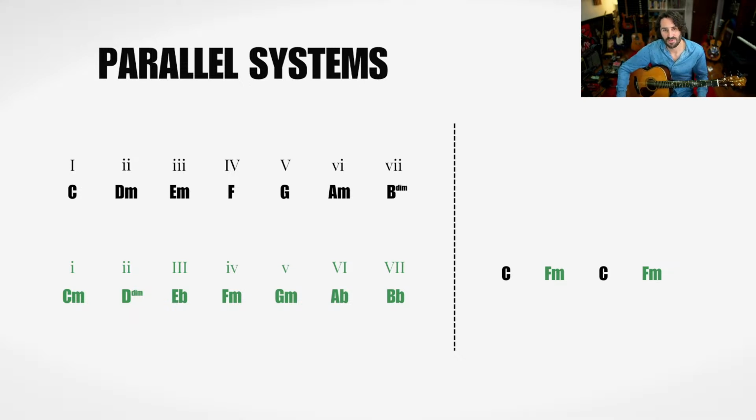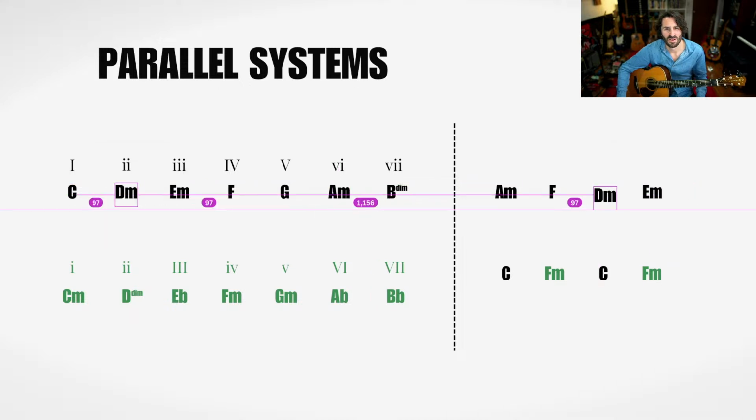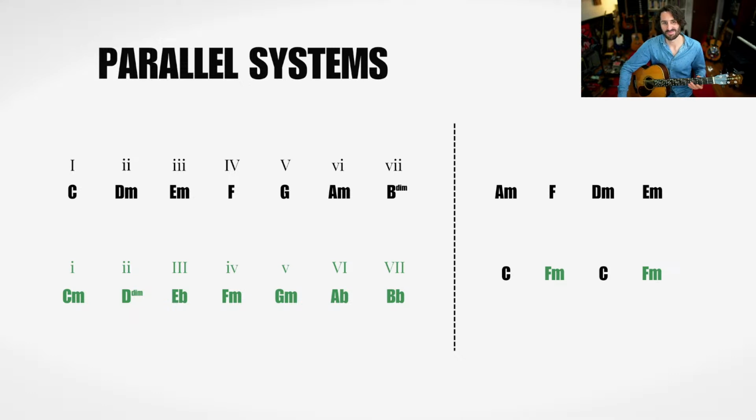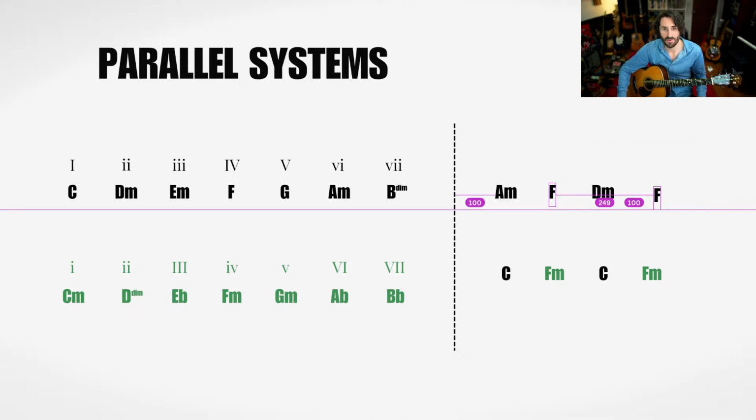So that means if this is a verse up here, I'm going to try and avoid using the home chord in the verse. I'm going to go A minor, F, maybe D. No, I'll just use the F. I won't overcomplicate it.